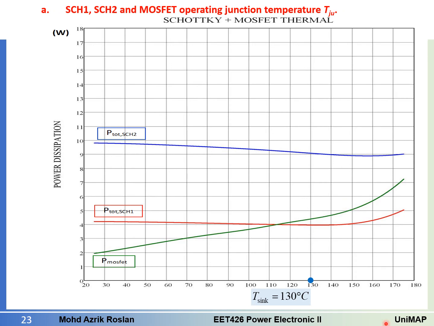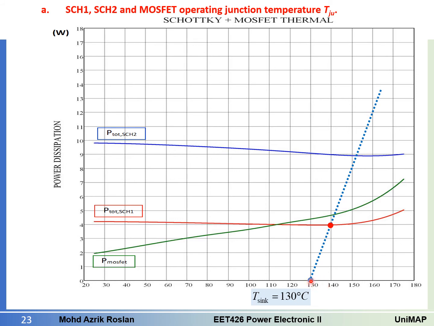Now we already marked here the heatsink temperature, which is 130 degrees C. So remember that we want to draw a line at this point.